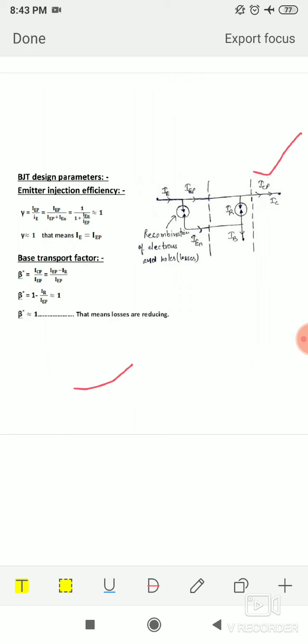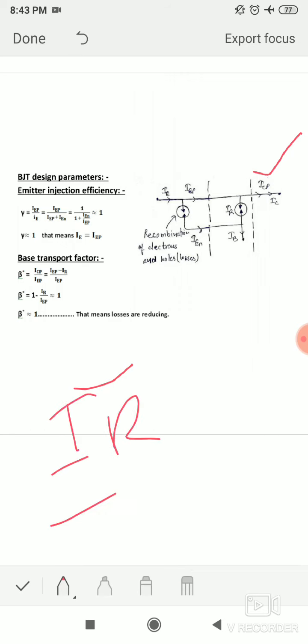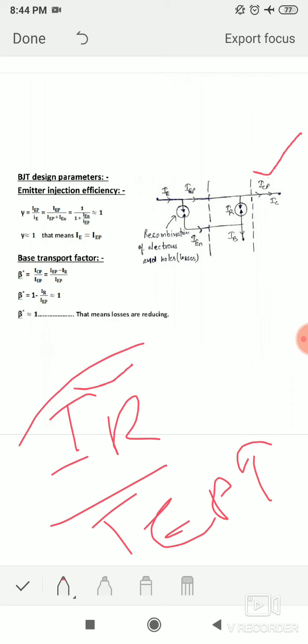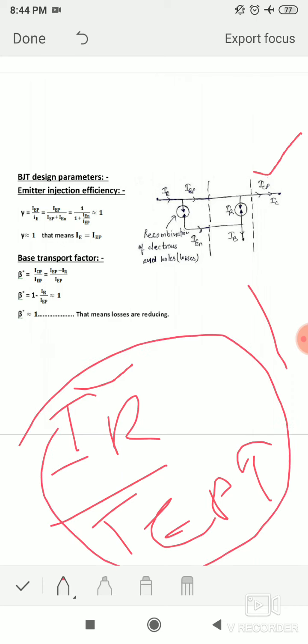So IEP by IEP is 1, minus IR by IEP. Here, IR divided by IEP is much smaller, so this factor is very low. So we can tell that beta star equals 1. This means losses are reducing.